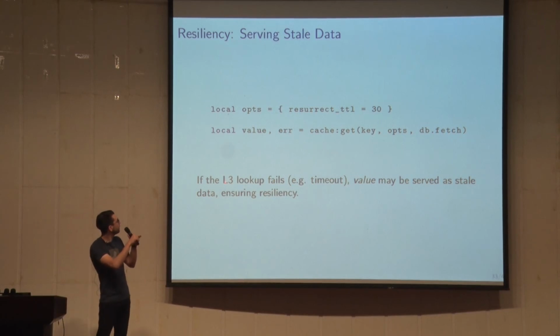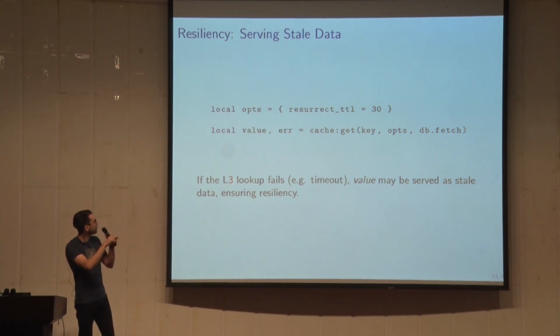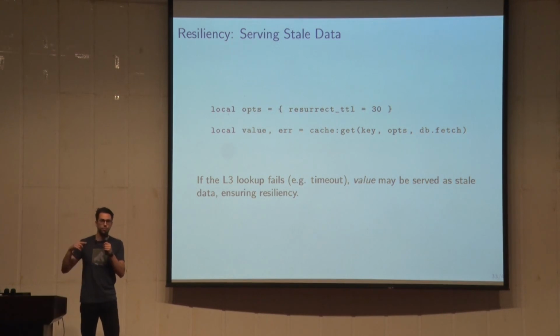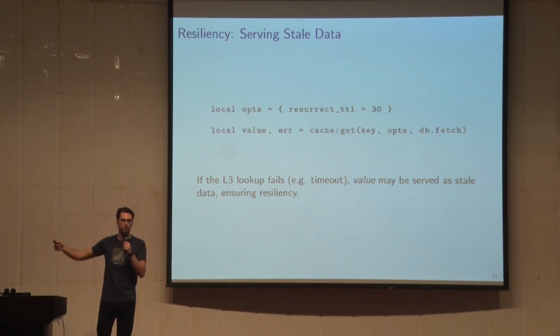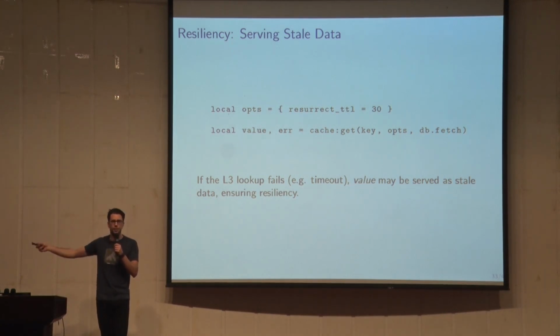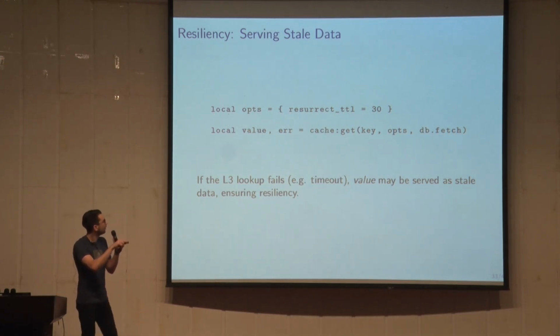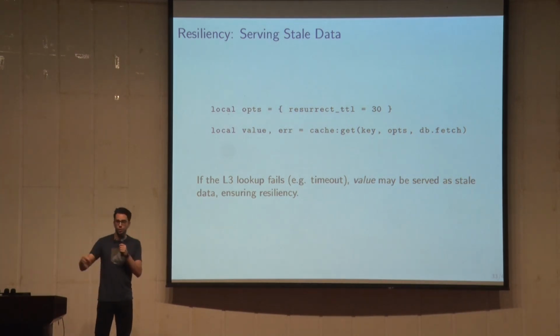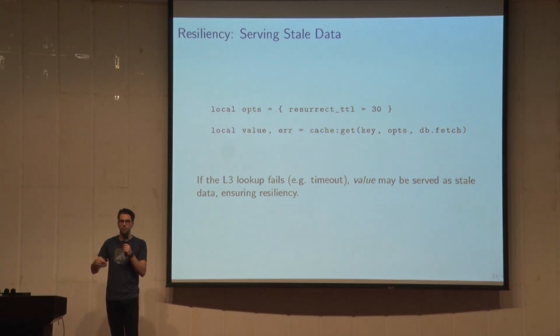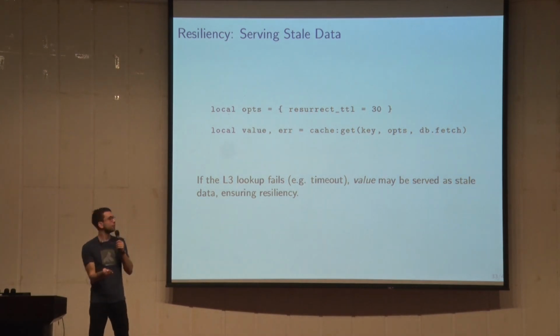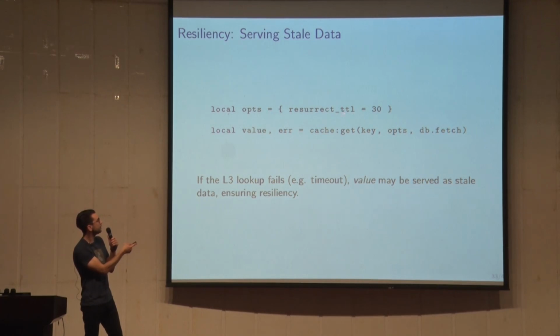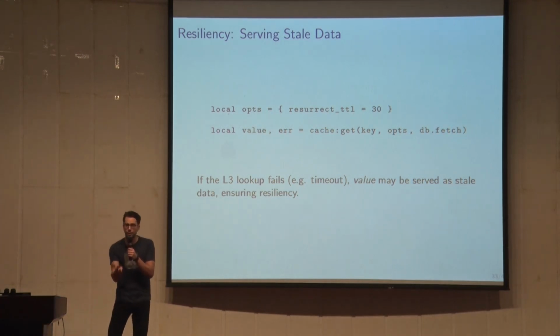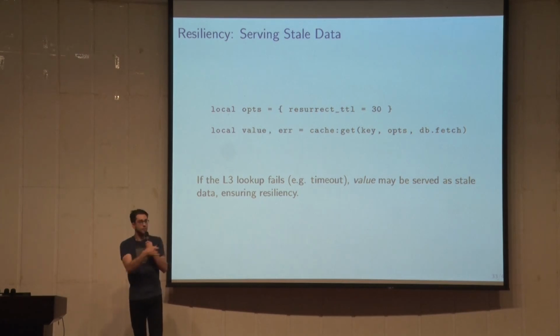So imagine you have a layer 3 lookup that fails. For example, your database has a timeout, or a database is down, or a DNS name server has a timeout. In that case, mlcache will be able to serve the stale value to ensure resiliency in your application out of the box. And the only thing that you have to configure is a resurrect TTL. And the resurrect TTL will resurrect the value for some more time, for 30 more seconds.